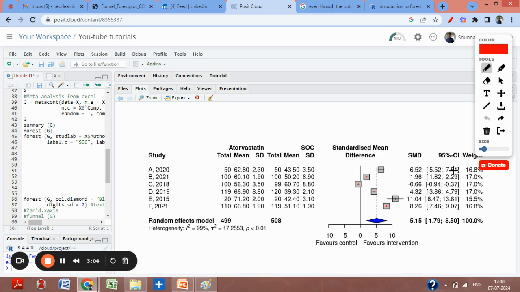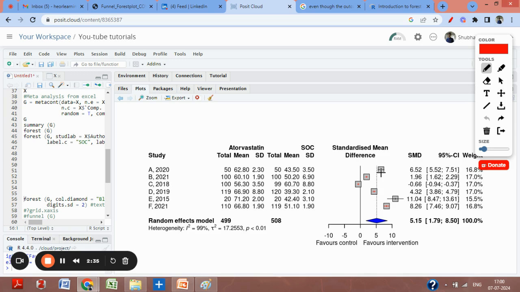But if we had used a common effect model, then the weightage might have varied depending on the studies, depending on the variance present within the study. So what we are going to do now is understand whether the size of this box varies.